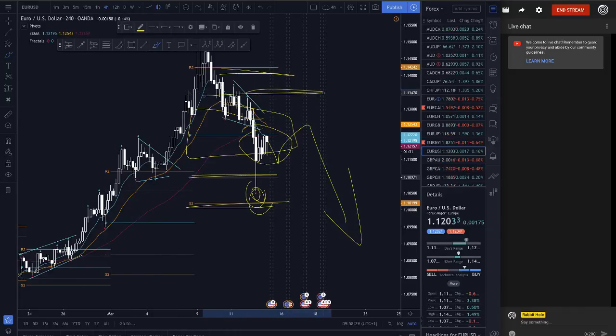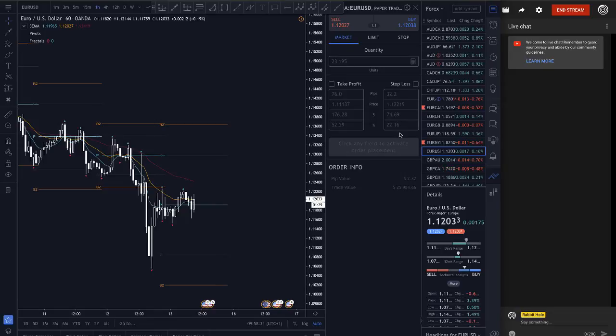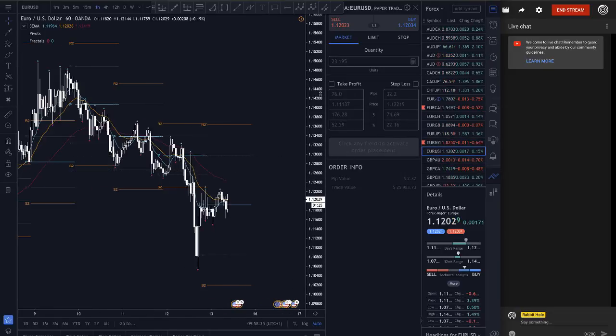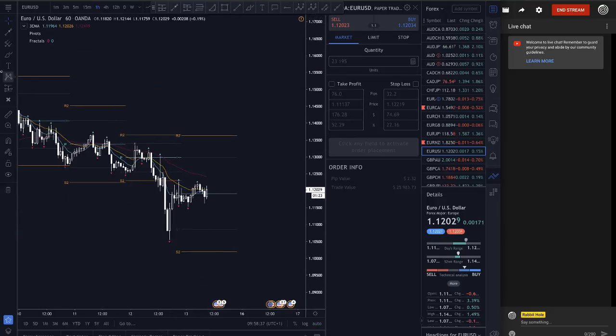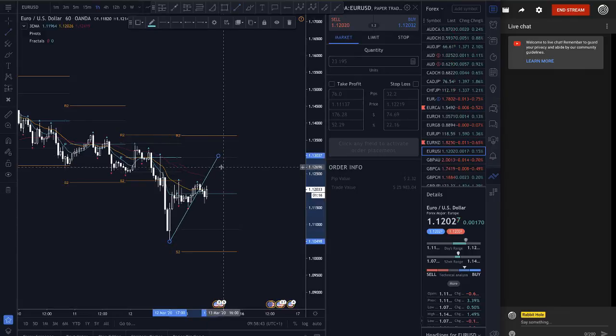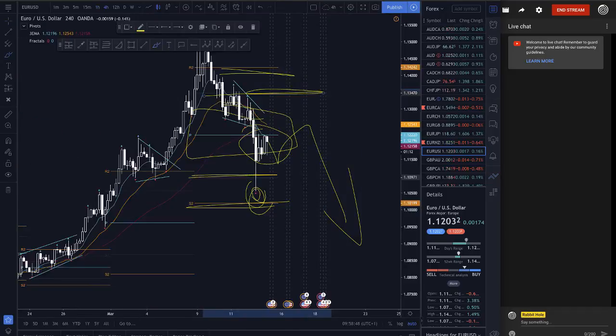Okay, let us go check what the Euro USD is doing in reality. Yeah, that would be a loss. That would clearly be a loss, like it was on the Euro Swiss.